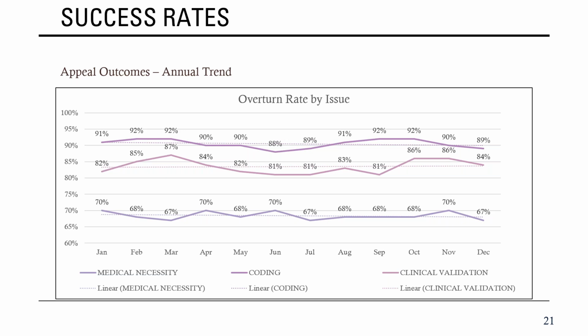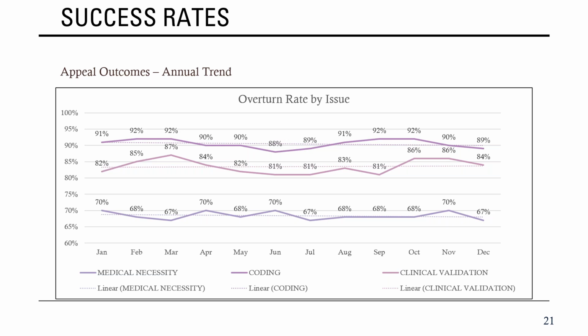Now, I would recommend as well that you divide this out even further by payer, because I think you're going to see some differences, as I said early on, between your government payers and your commercial payers. But let's just do by issue to start out. Our top line is our coding, the second line is clinical validation, and the last line is medical necessity. I know the colors are probably not real distinct.